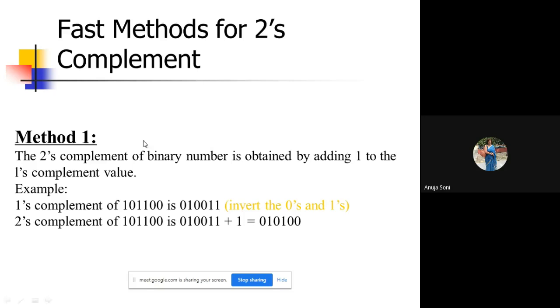Again, I'm repeating that. What is the method to find the twos complement? First, you find the ones complement, and you simply add 1 to the ones complement in order to obtain your twos complement. So previously, the ones complement of this number was obtained as this value, and ultimately to the ones complement, simply 1 was added in order to obtain the value of the twos complement.